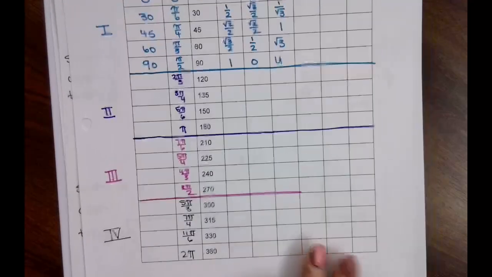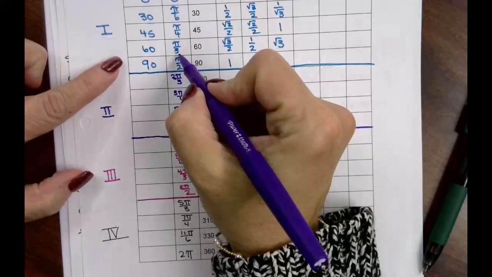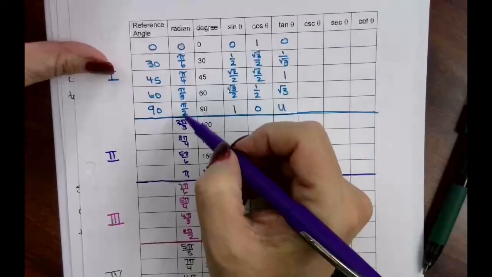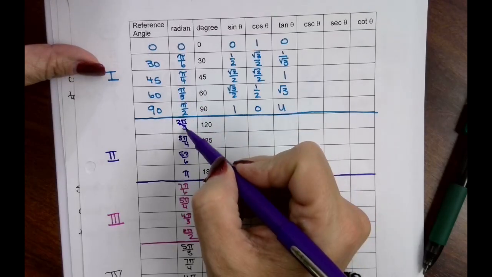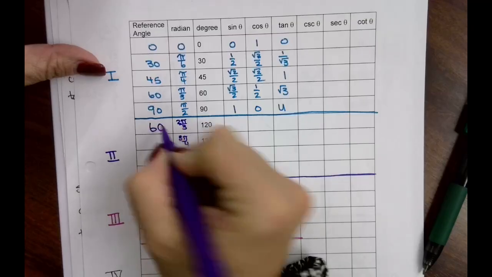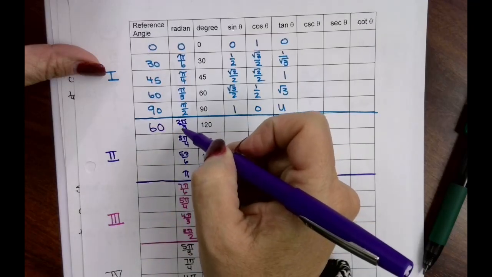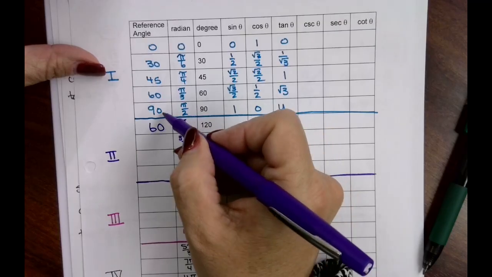Now, here's what's important. This is super important, and you can see a pattern here. So if I have pi over 3 in my first quadrant, my denominator is 3. Well, if I see my denominator of 3 in my second quadrant, I'm going to have the same reference angle. My second reference angle is going to be 60. So if I have a denominator of 2, my reference angle would be 90.